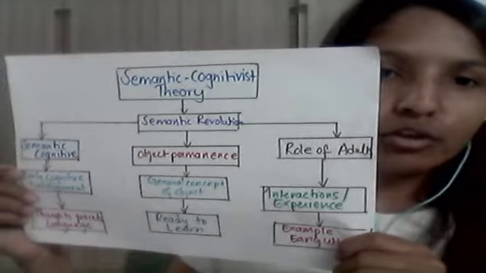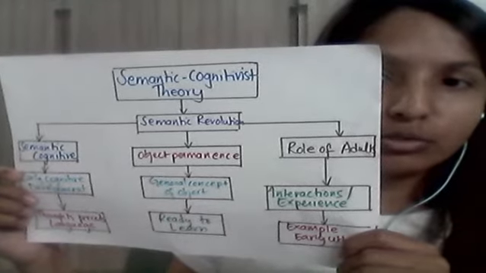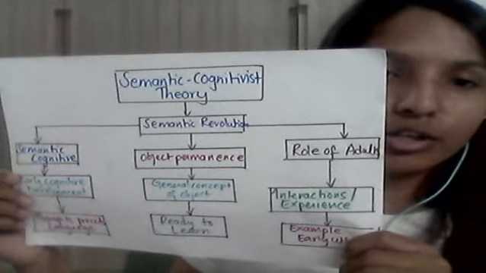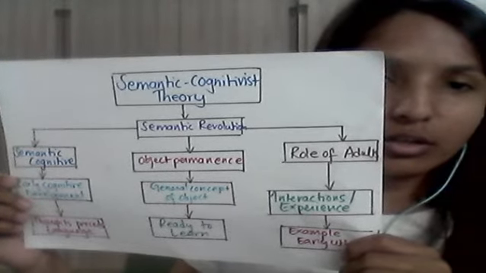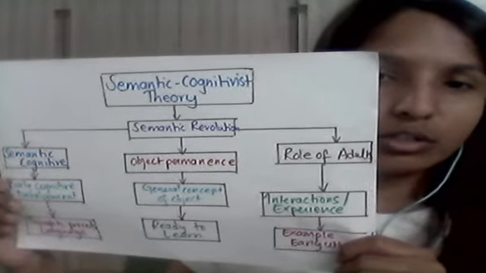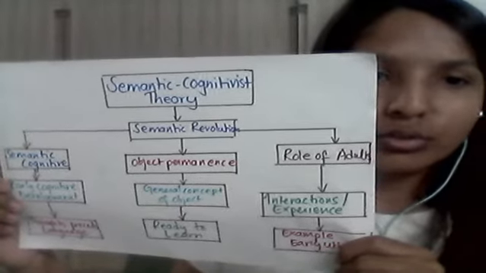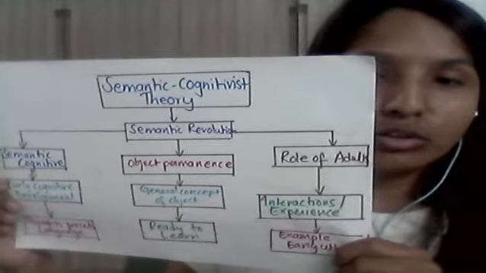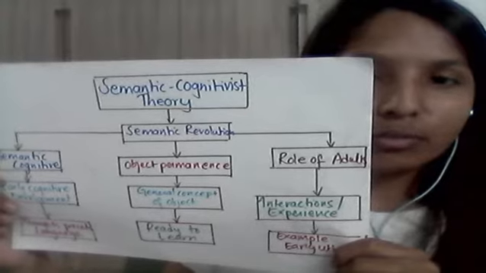The role of adults is very crucial in this model because parents help by giving interaction and experience to the children, for example in how they utter words, and in how they develop object permanence, which is critical to the development of language.